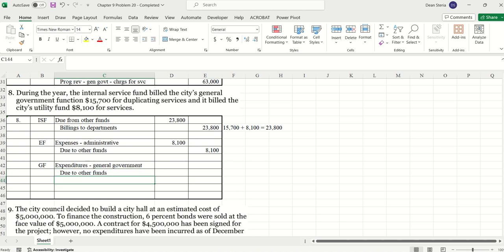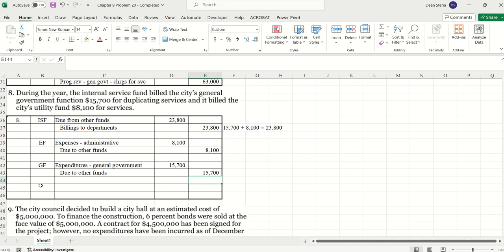So that's going to be the 15.7. So in the internal service fund, we did it all in one lump sum, the 23.8. And then in the enterprise fund, we expensed the 8,100, showed our liability. In the general fund, we expensed it, that amount that went to them, and then we showed our liability. Is everybody okay with that?